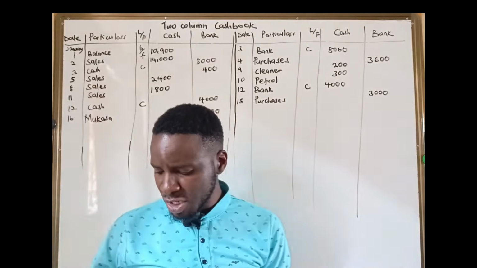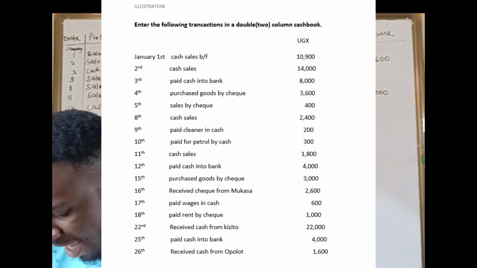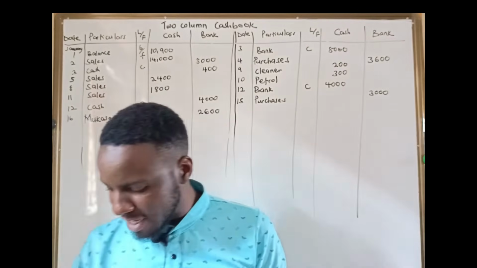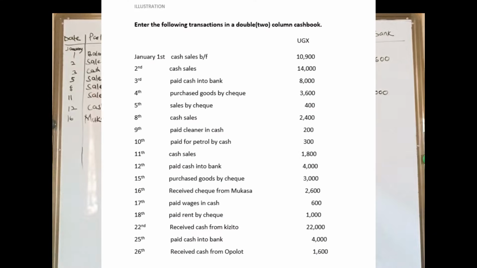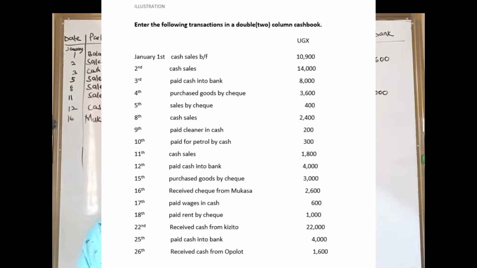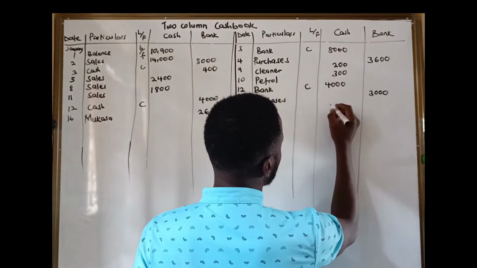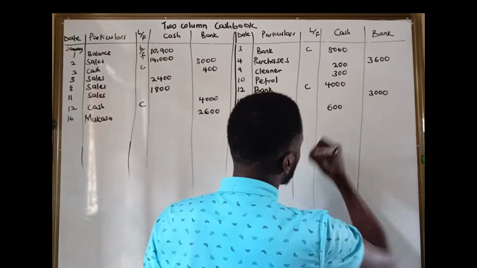Then our next transaction is on the 17th, where it says we paid wages in cash. We paid wages in cash worth 600. So we come, it is on the 17th. So we say wages, and they were in cash, they were worth 600 shillings.